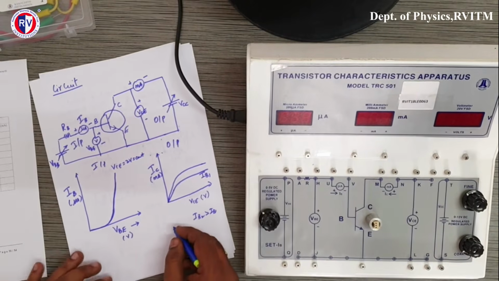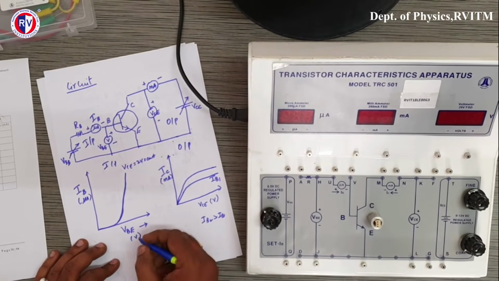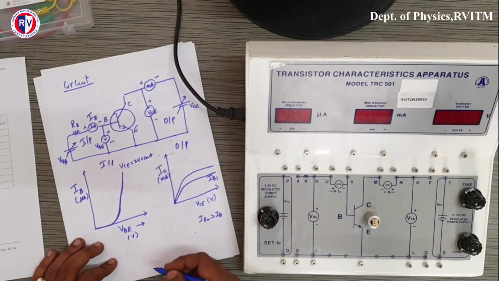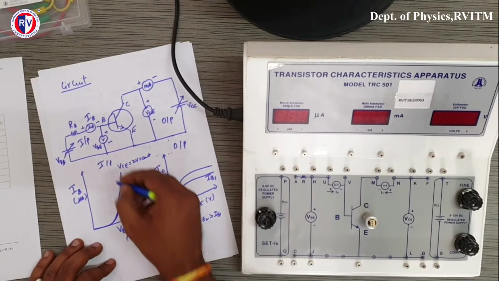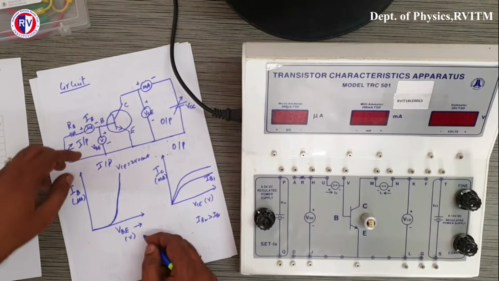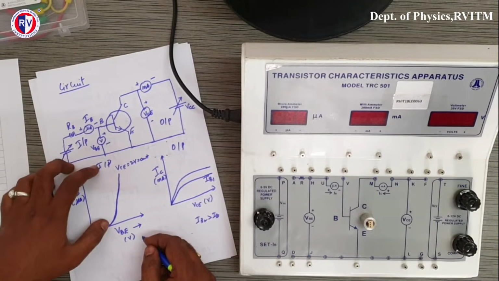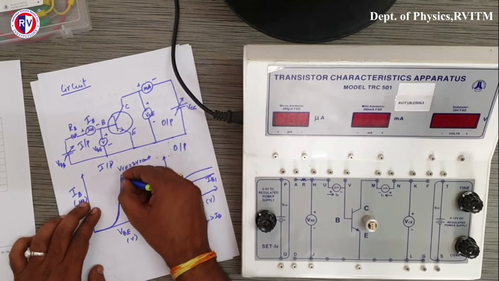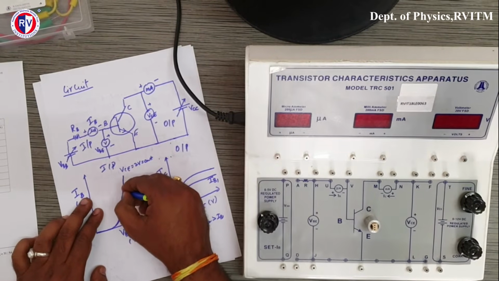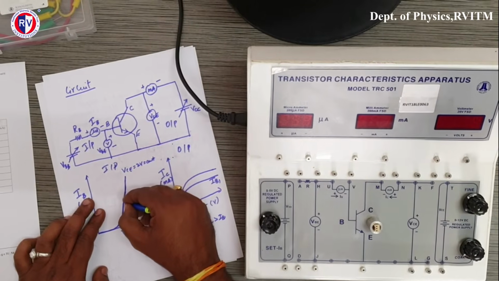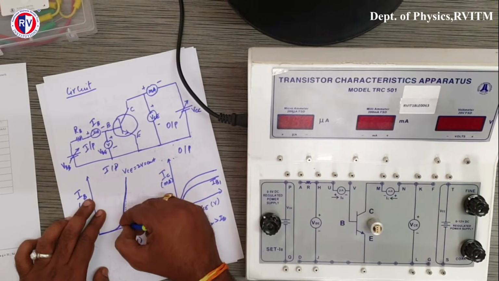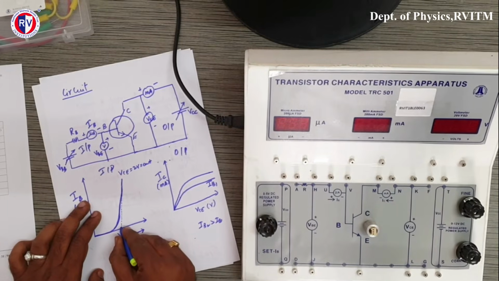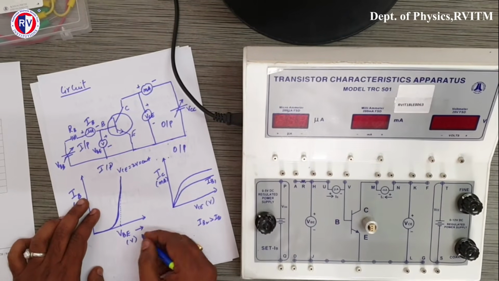Now what we have to calculate are the input resistance and the current gain. The input resistance should be calculated from the input characteristic curve. From this curve, we extrapolate the linear portion to the x-axis, where it meets at a particular value on the voltage axis.